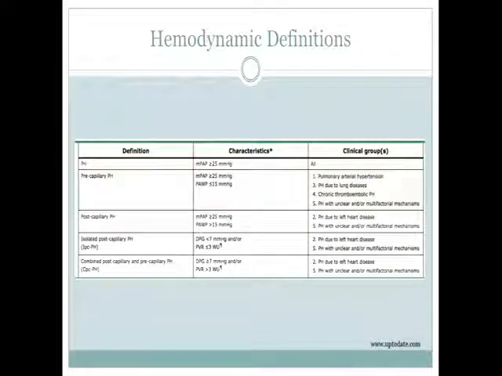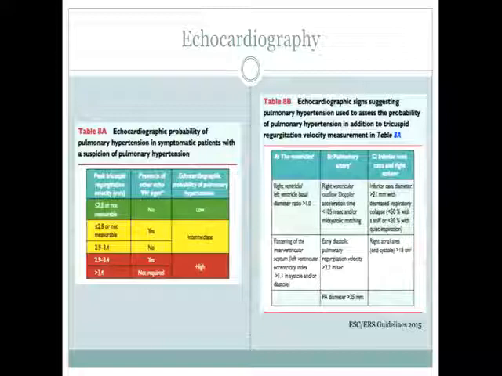These tables in the next two slides are from the combined task force for diagnosis and treatment of pulmonary hypertension from the European Society of Cardiology and the European Respiratory Society.